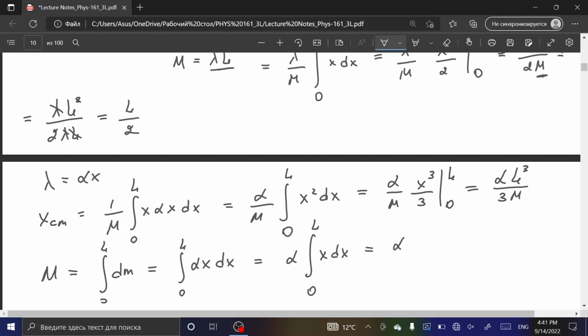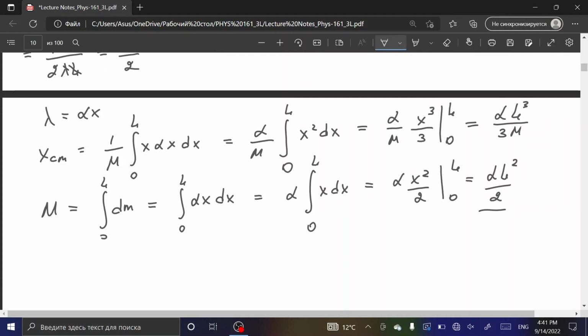Here we get alpha times x squared over 2 from 0 to L. And that is equal to alpha times L squared over 2. So that is the total mass of the rod. And as you see, we don't have x, it's just defined by the total length of the rod.